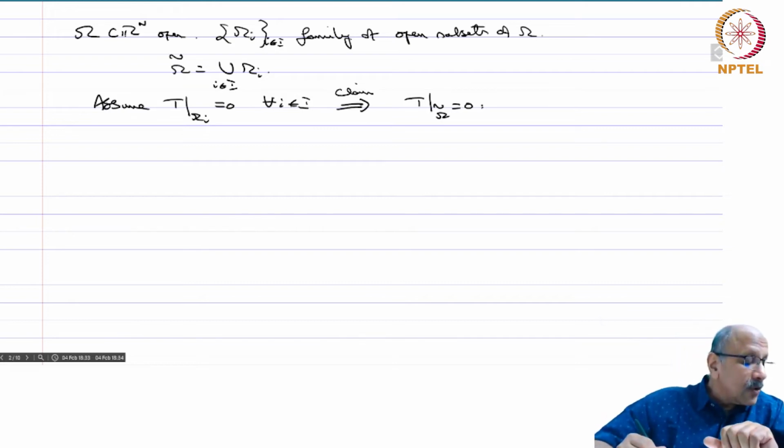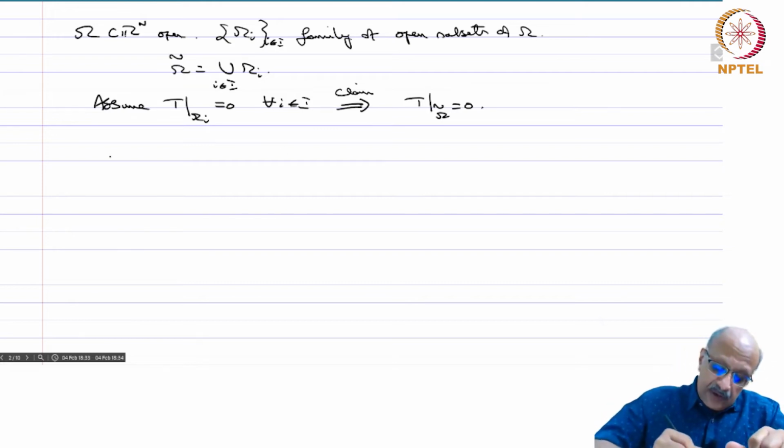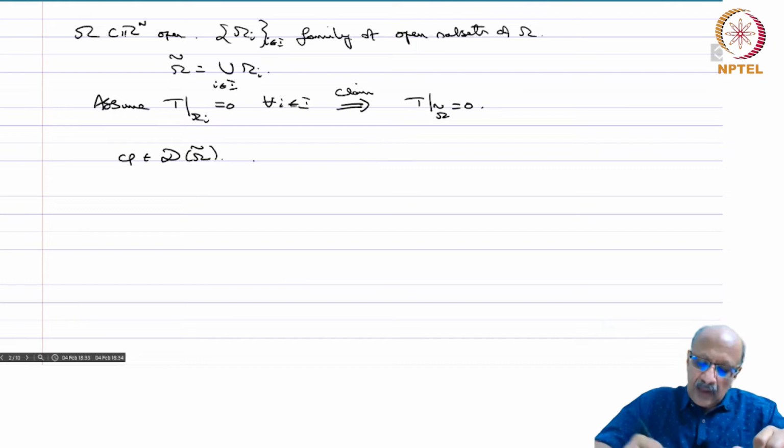So how do we do that? Let us take phi to be in D of omega tilde. Now the support of phi equals a compact set.